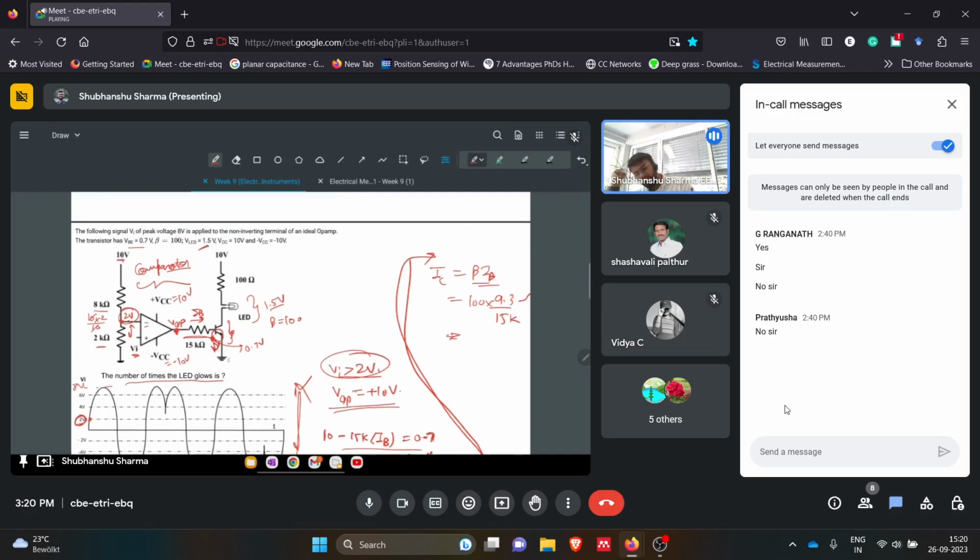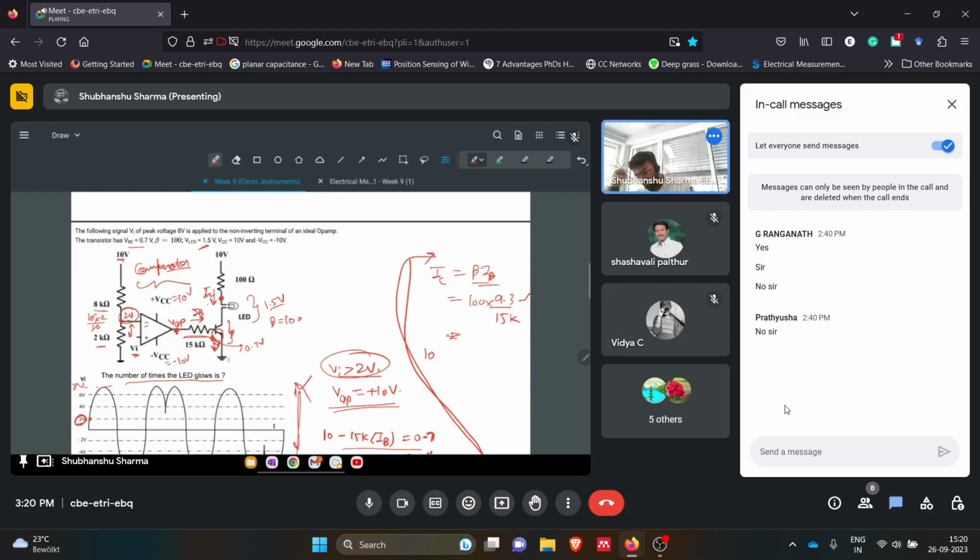Now where is IC in this circuit? IC is flowing here. And why is IC important? Why are we going till IC? Because IC will decide whether this LED will glow or not. I will tell you how. Let's see what the voltage drop is at this point.